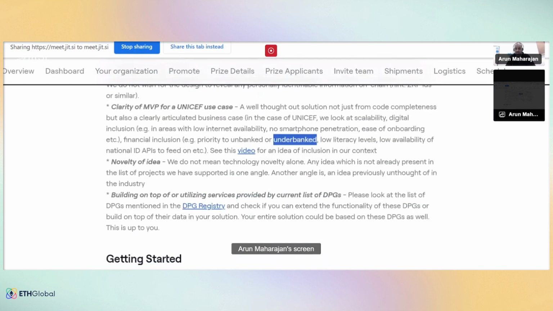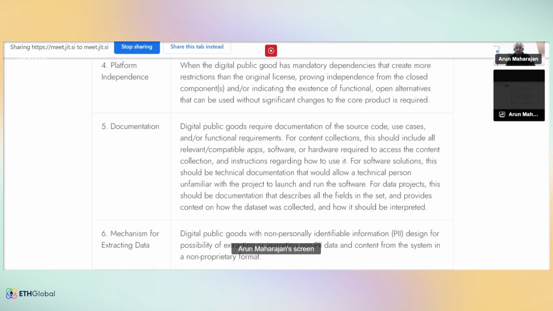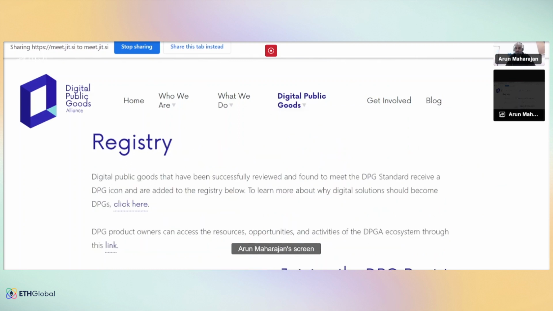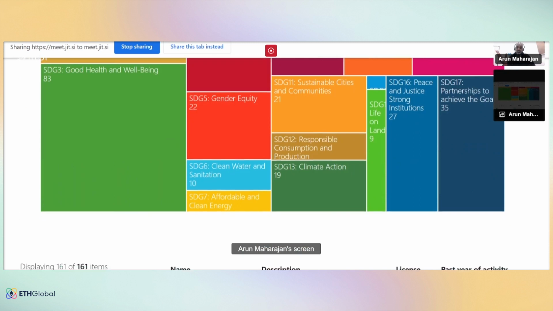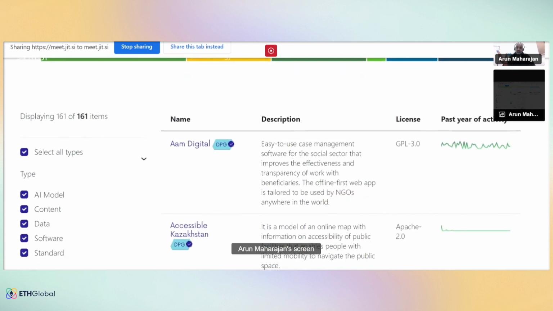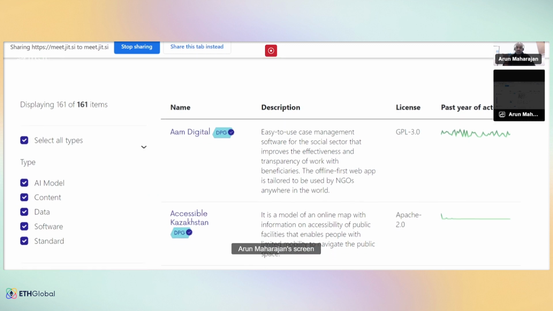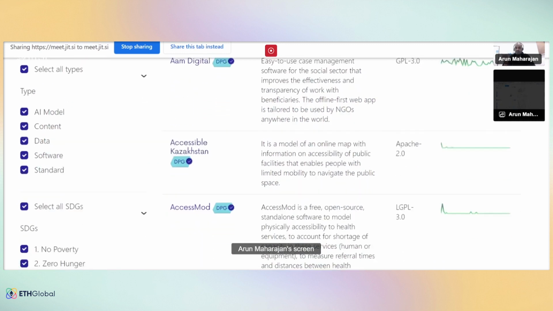But this last point is about the registry. The DPG website has a DPG registry, which has a list of projects around the world which fulfill all the criteria mentioned in the DPG standard, which has been vetted by the DPG Alliance.